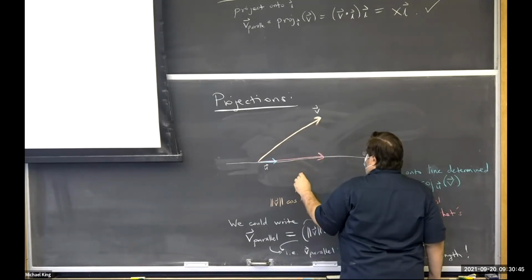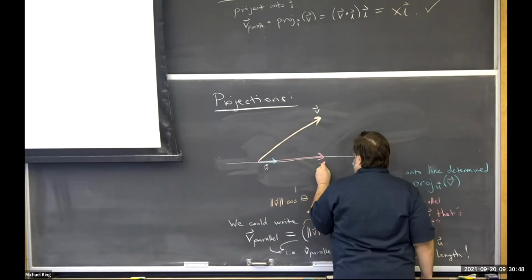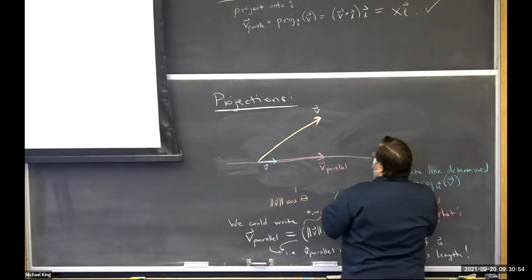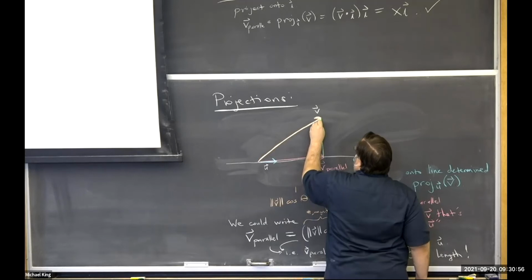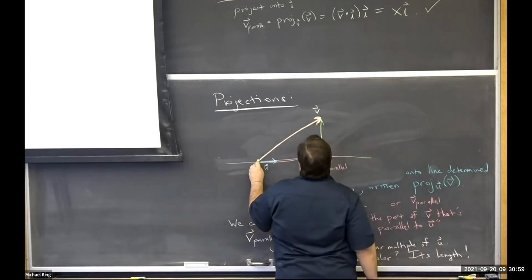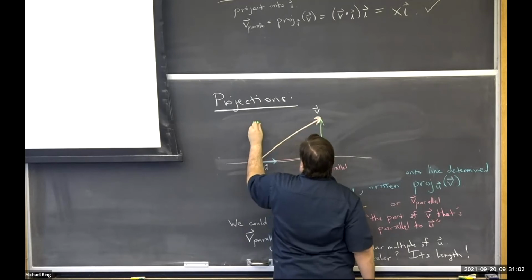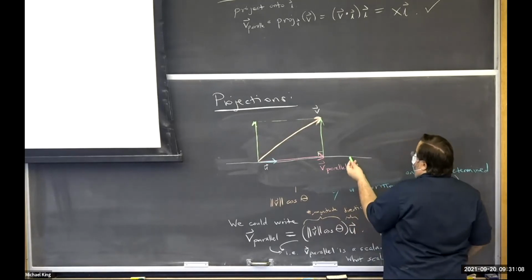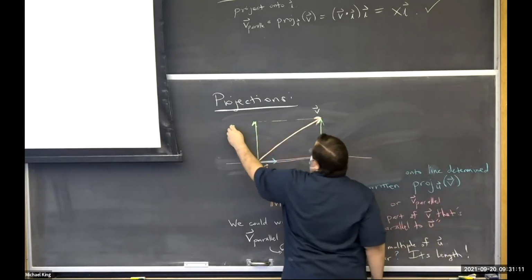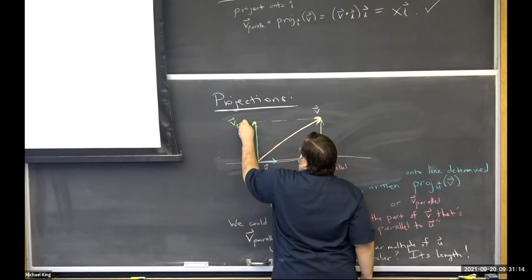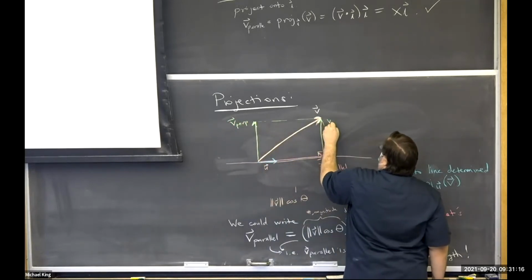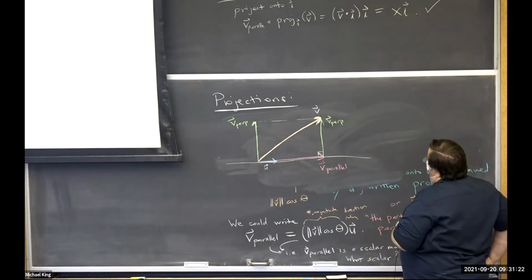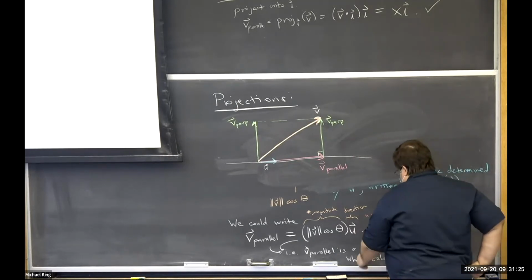So this is v parallel. And there's also this third side of the triangle, this vector here, and it's clearly perpendicular, right? So this is sometimes called v perp, the green vector here. What equation can we write down pretty easily?